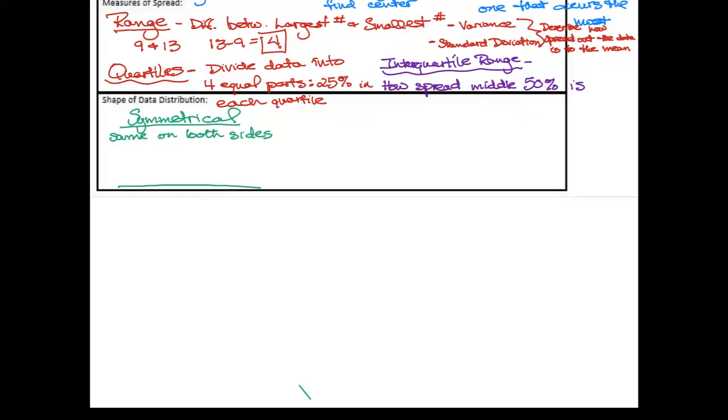So it's going to look like a nice, what they call bell curve. So both sides of that dashed line look the same. Symmetrical.